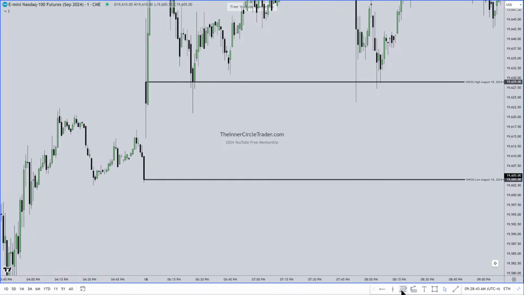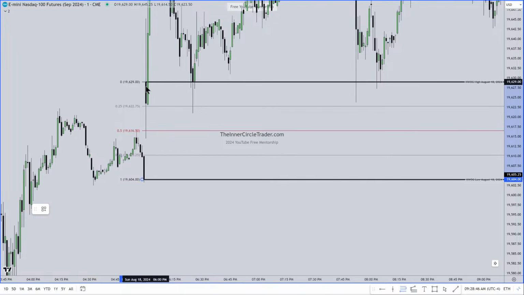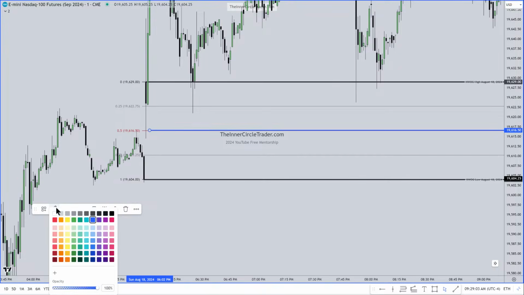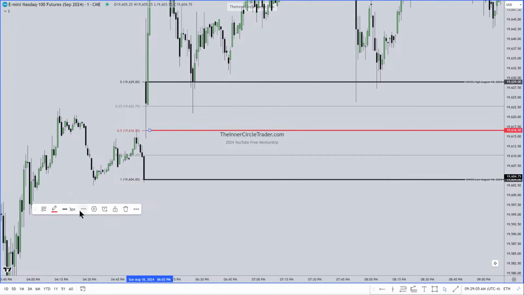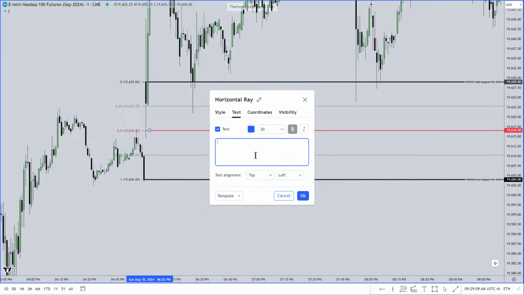You simply take the fib, drop it on the low and the high, and there's your consequent encroachment. You can just take a horizontal ray, drop it on there like that, annotate it to whatever color you want, and call it the date.